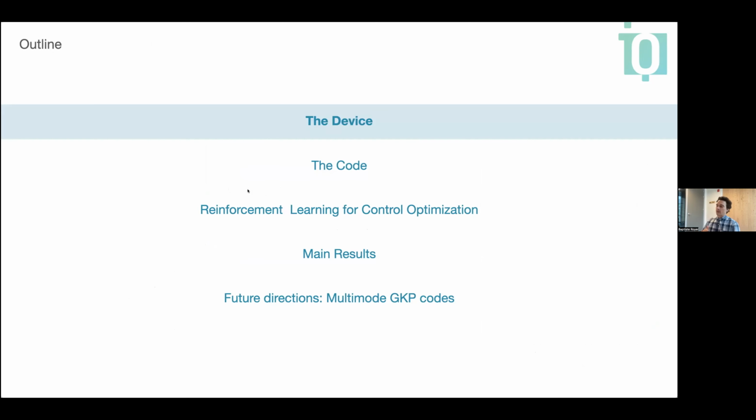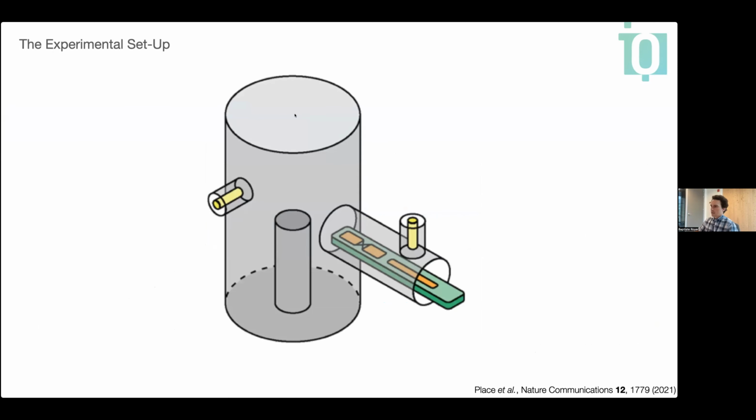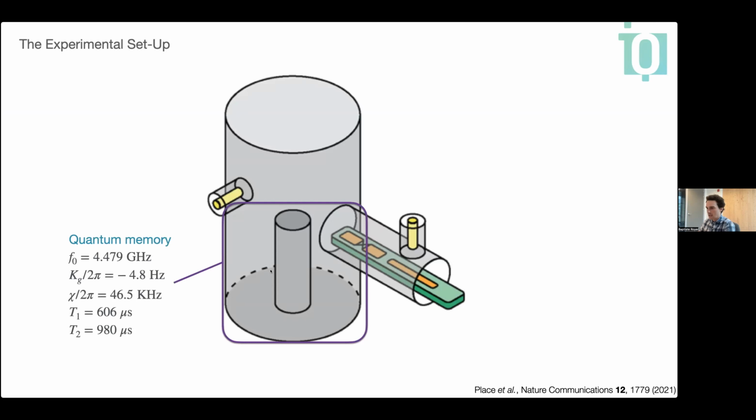And so, okay, I want to start discussing the experiment a bit, and start with what the device is in a bit more detail. We used a single post cavity. It's a block of metal that's been drilled, where you have an electromagnetic mode in the middle. In this memory, its characteristics are here.